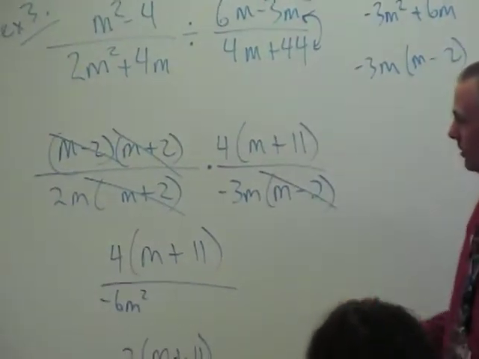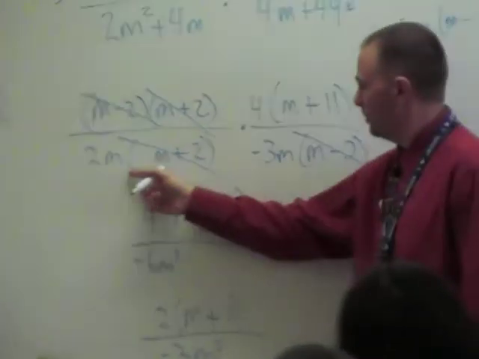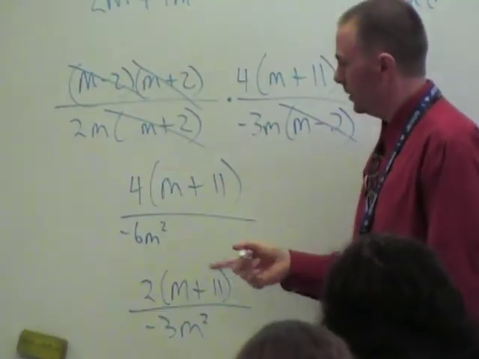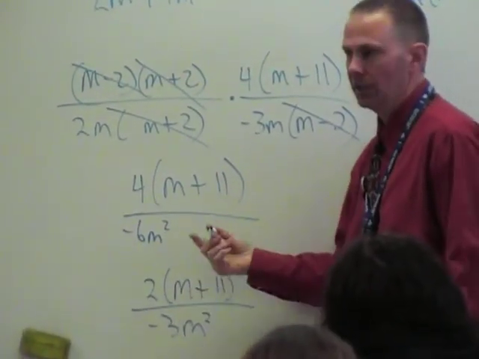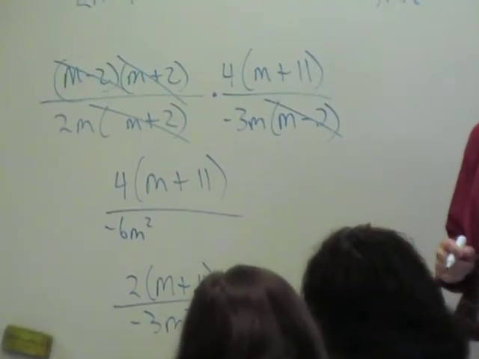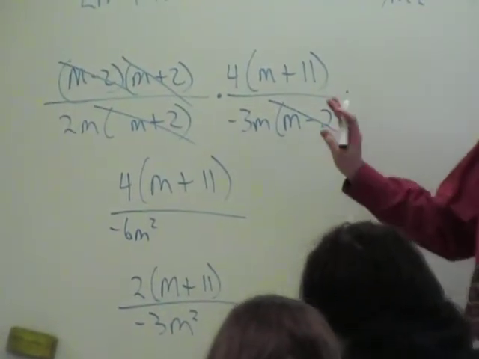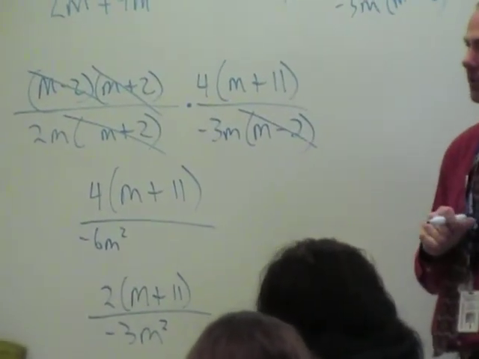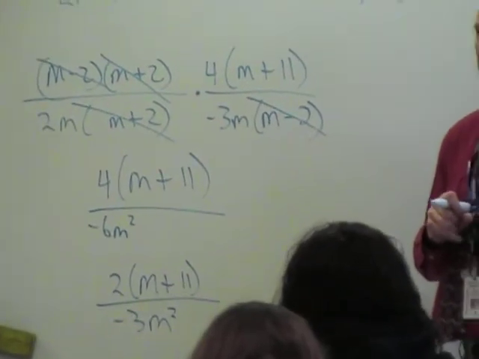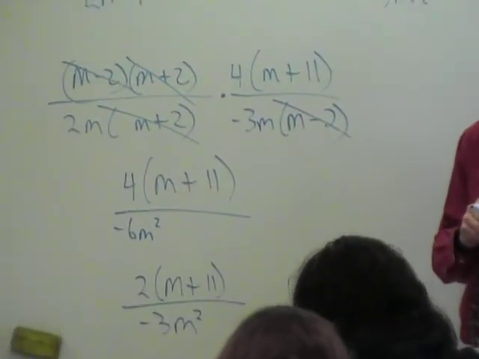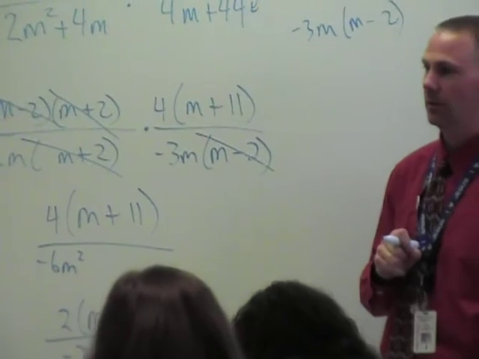And then I just started canceling. I kind of put some things back together. I could have reduced the 4 and the 2 up here first, but I put it together and then reduced it. It doesn't matter. Which part are you struggling with still? Or do you understand what I did?